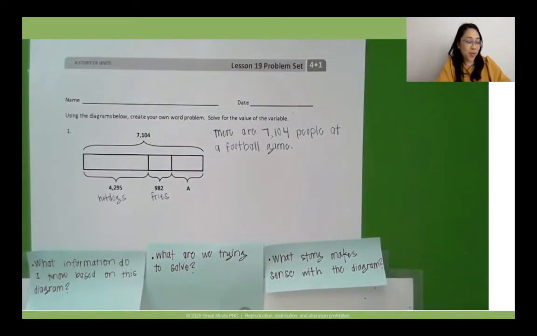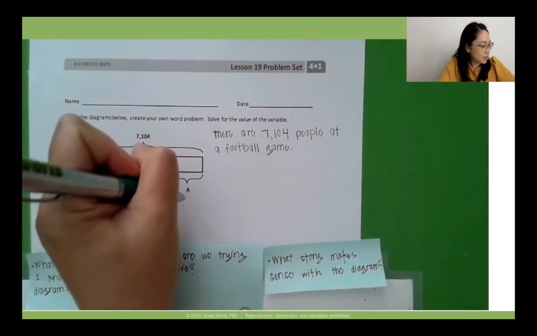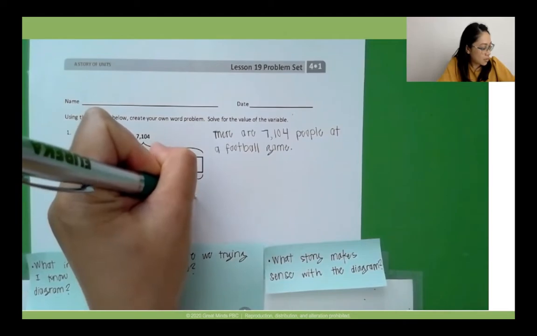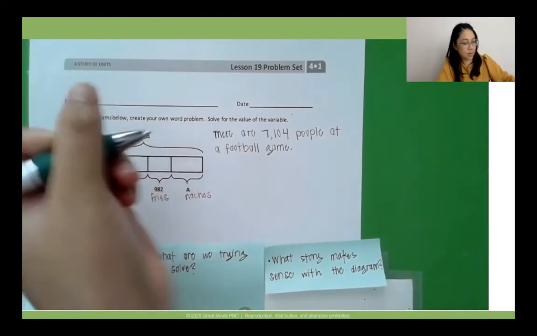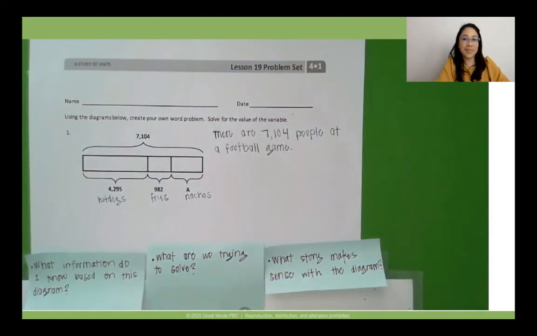For our unknown variable a, I'm thinking that they purchased nachos. We've now labeled our tape diagram with the parts, so now I'm going to include that sentence in the word problem here.